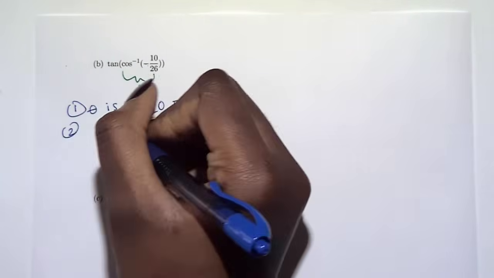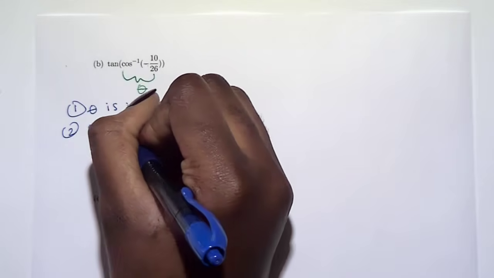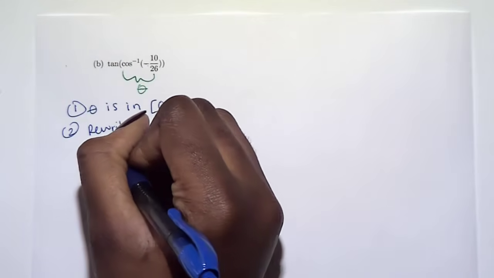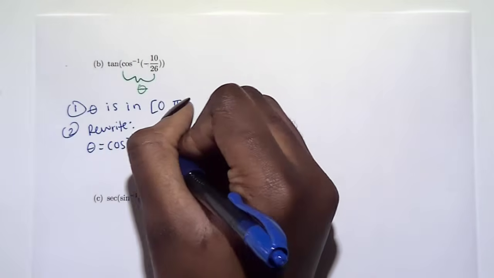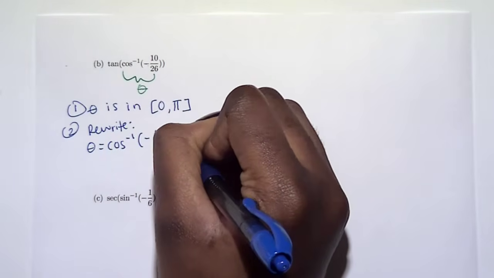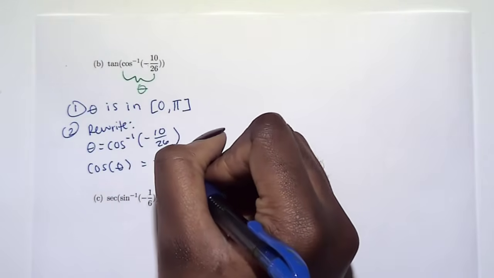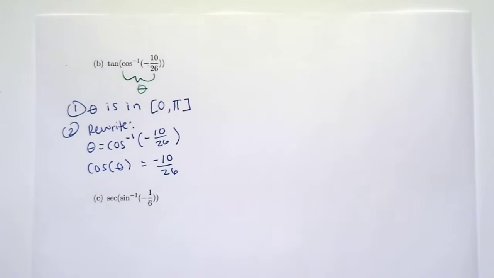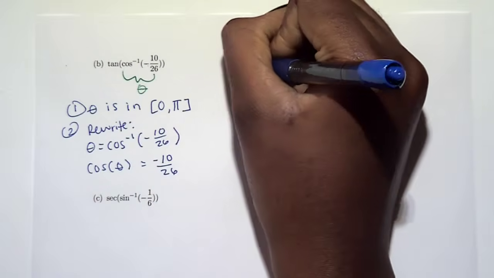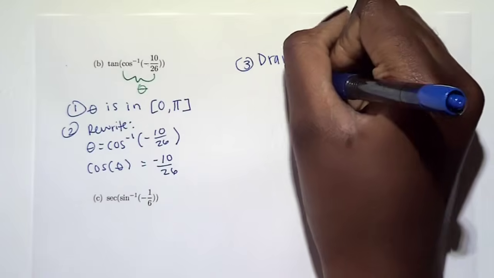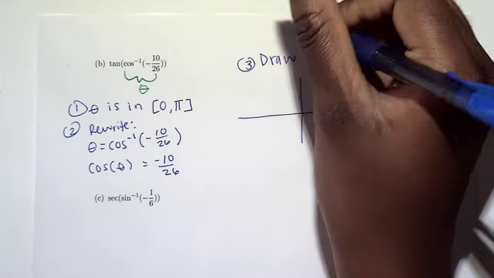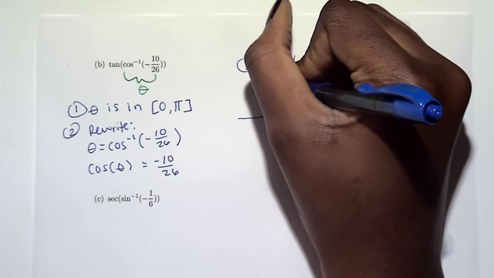All right, so we're going to rewrite this. Our angle is cosine inverse of negative 10 over 26, which means that cosine of theta is negative 10 over 26. Where is cosine negative? Quadrant 1 or quadrant 2? Quadrant 2. So when we draw our picture, we're going to make sure we draw our triangle in quadrant 2.